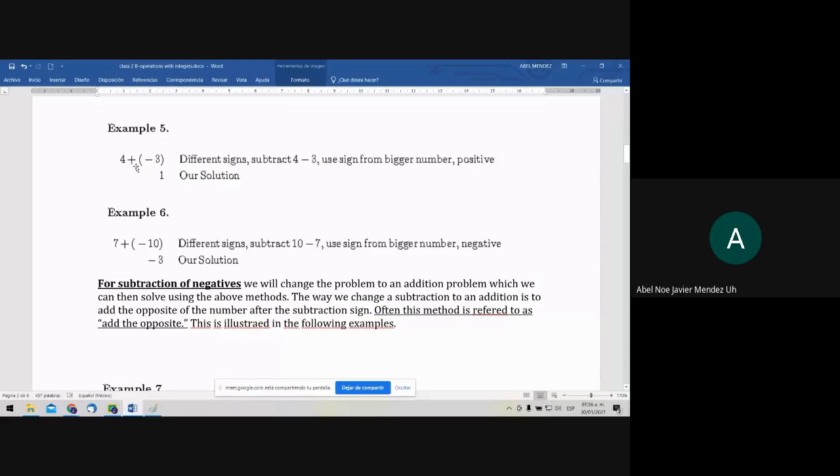Example number 4. Here we have parentheses. What happens with this operation? We have parentheses, and what are we going to do in this case? In this case, we have 4 plus a number between parentheses, negative 3.